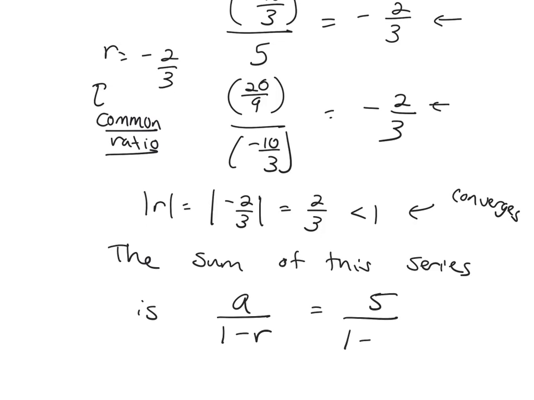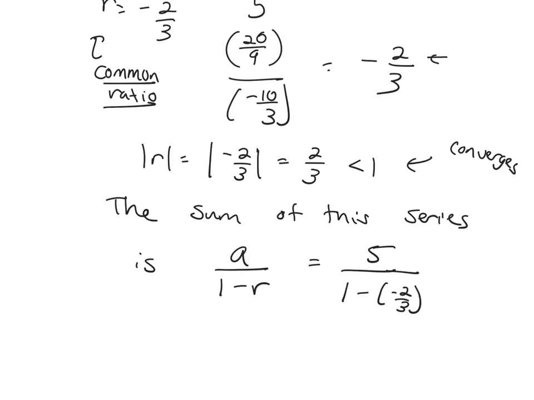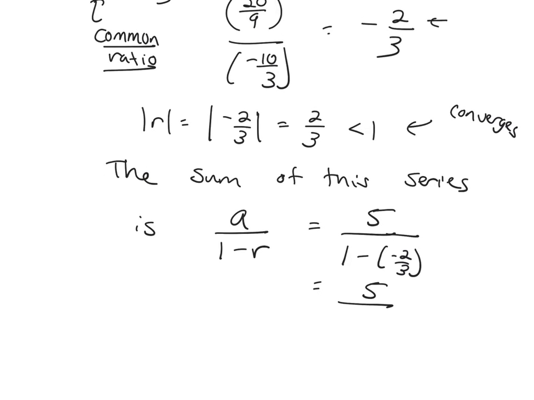R was negative 2/3. So what's that become? 5 over what? 5/3, right? 5 over 5/3, which is equal to 3.